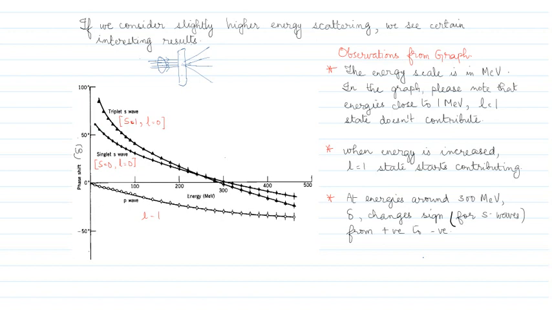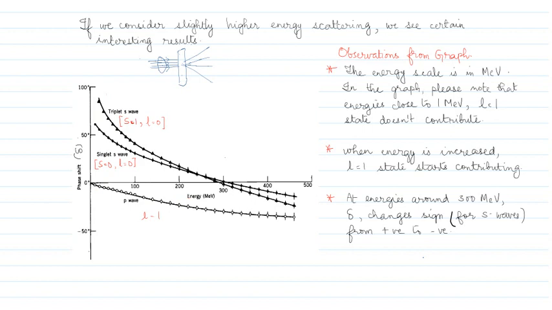So this is consistent with our previous lecture observations that for low energy scattering there is no contribution from L equal to 1. For low energy scattering only L equal to 0 contributes, and L equal to 1 starts contributing when the energy of the projectile beam is increased.